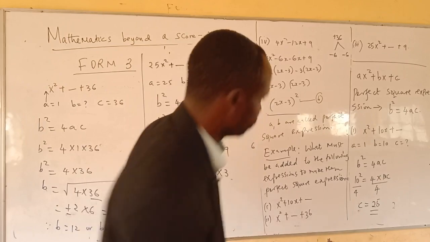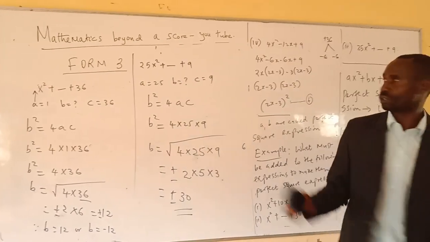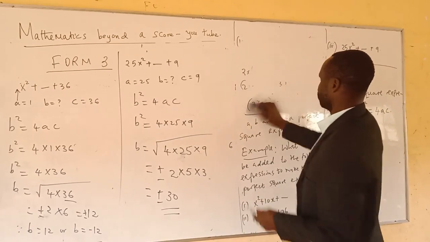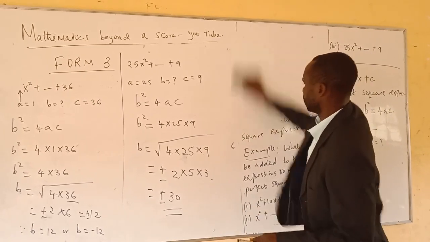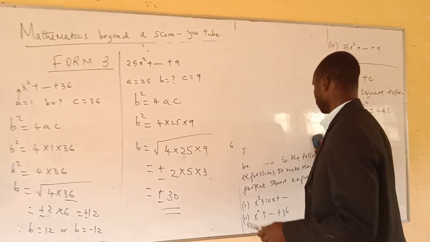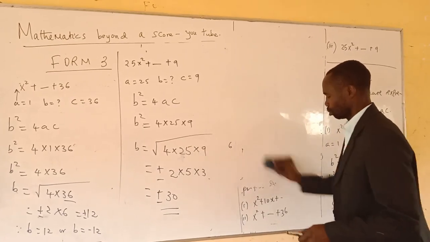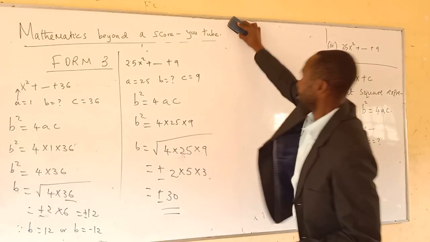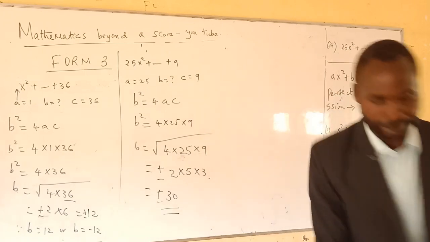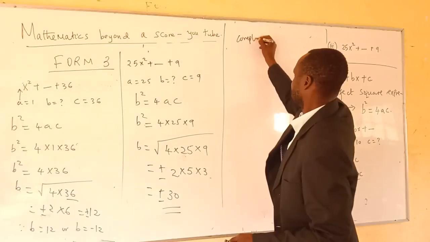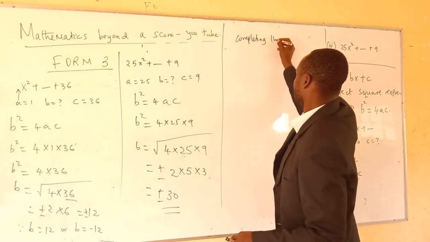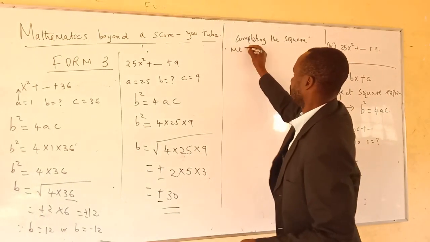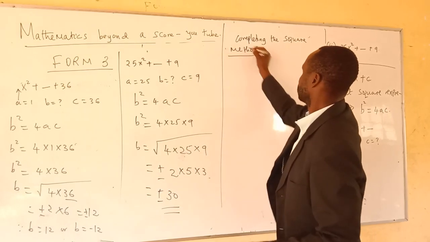I want us to use the completing square method now. The completing square method is used to calculate the quadratic roots of a problem that is either factorizable or unfactorizable. I'm going to do 2 examples.